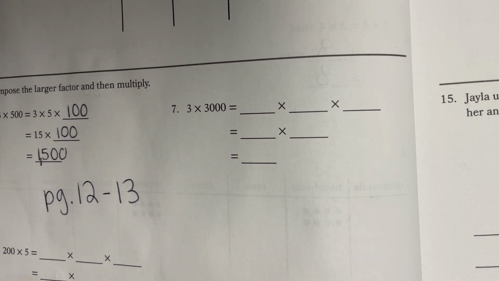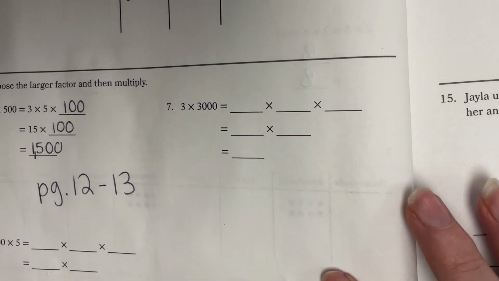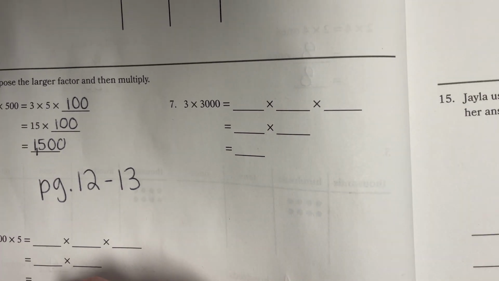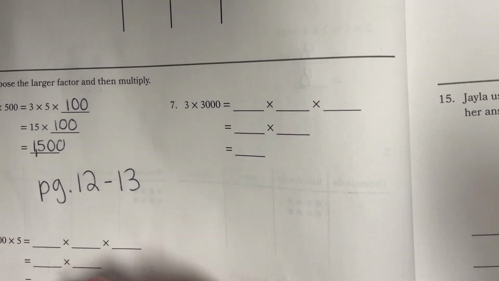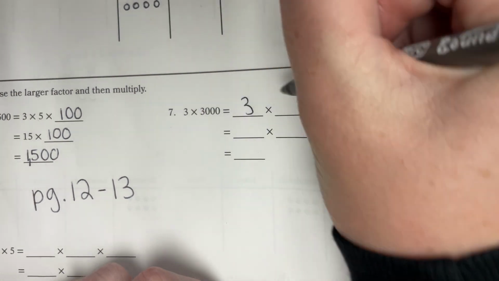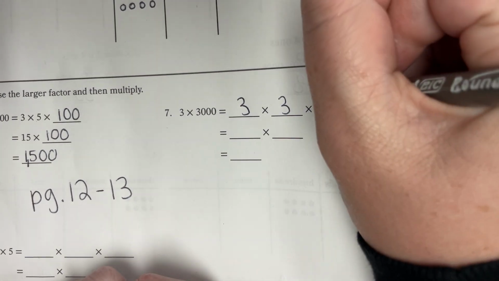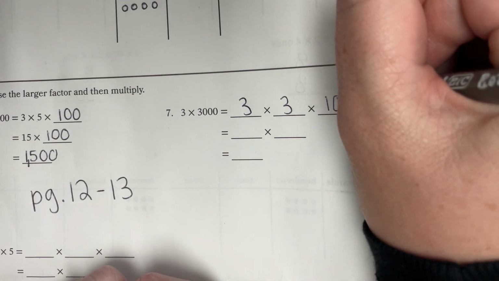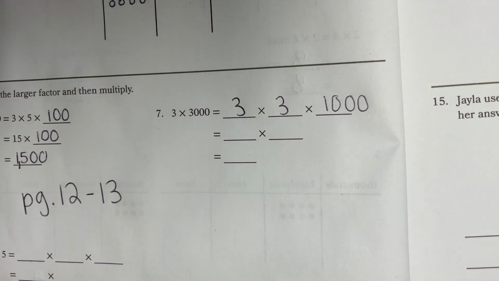Follow along with me and get all of those answers now. Everyone is voices off, back looking at question 7. Turn your attention up here. We have 3 times 3,000 equals 3 times 3 times 1,000. We broke those numbers up into 3 times 3 times 1,000.